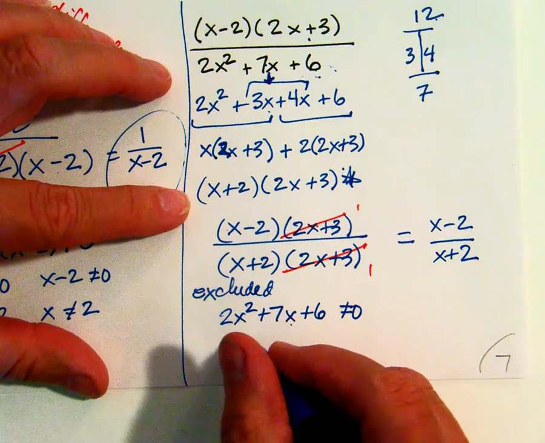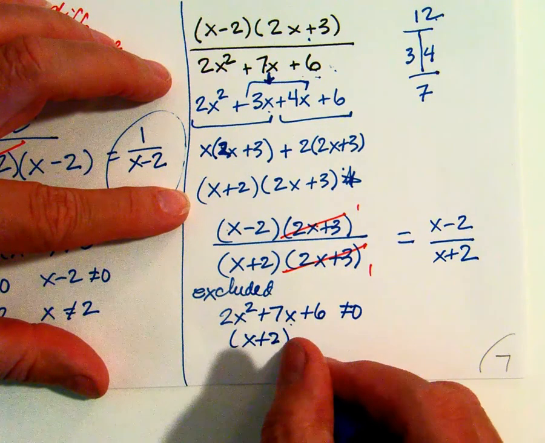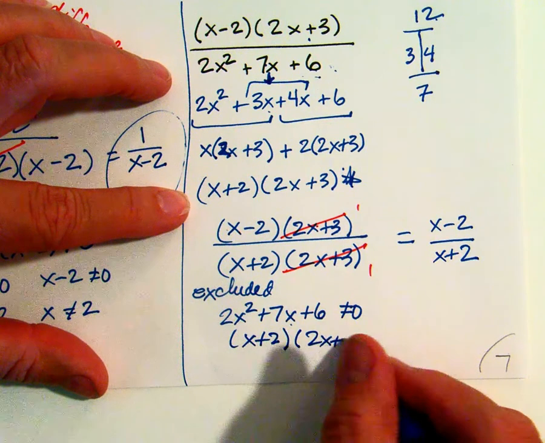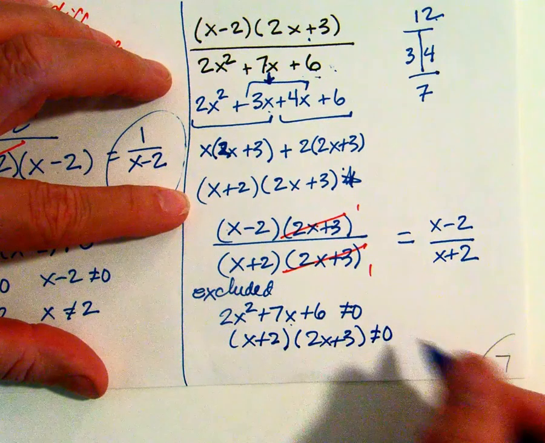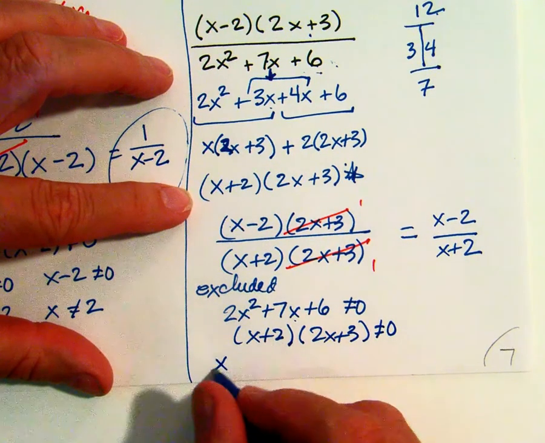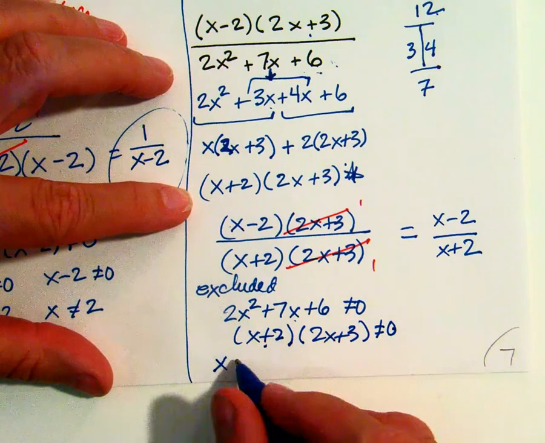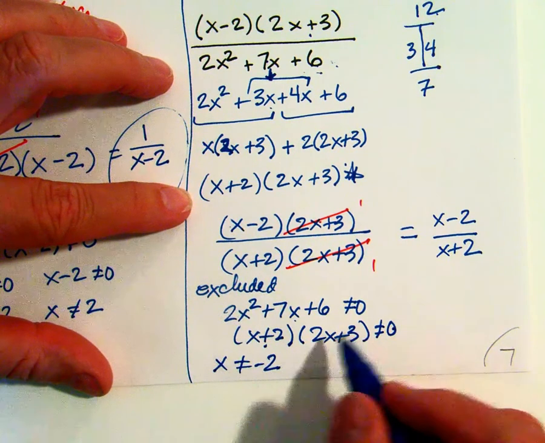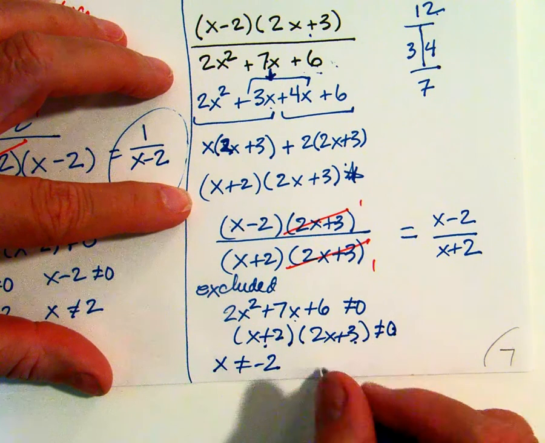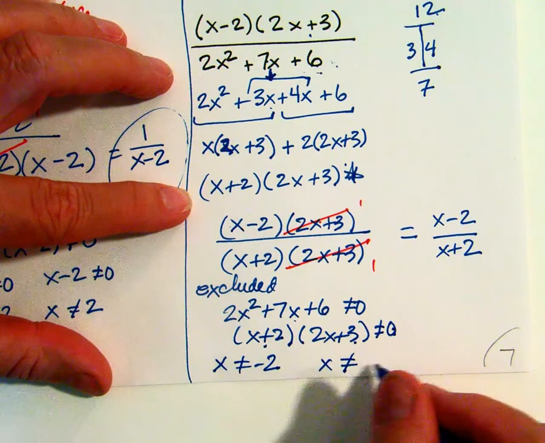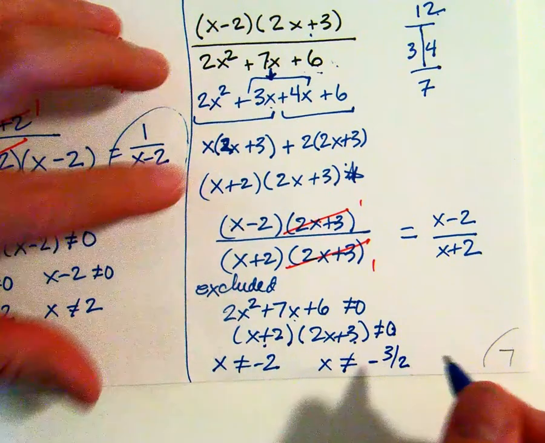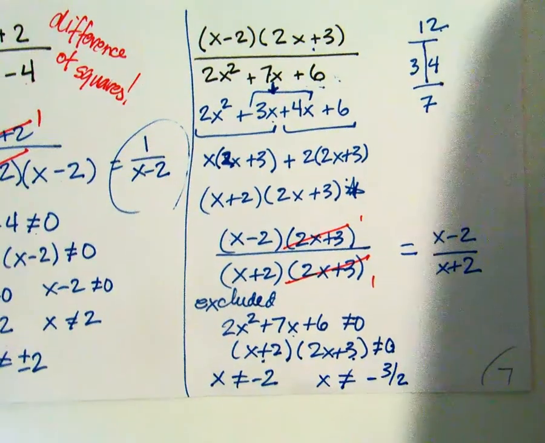So it's x plus 2 times 2x plus 3 does not equal 0. Then either one of them. X plus 2 does not equal 0, so x does not equal negative 2. 2x plus 3 does not equal 0, so x does not equal negative 3 over 2. Those are your two excluded values. Okay.